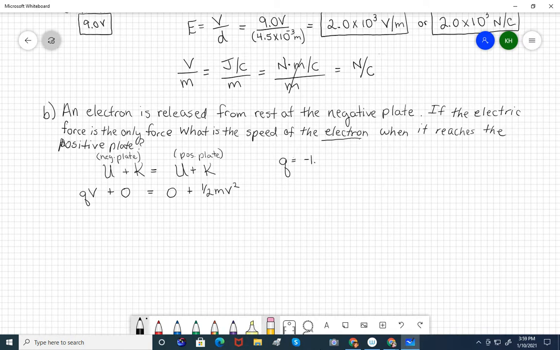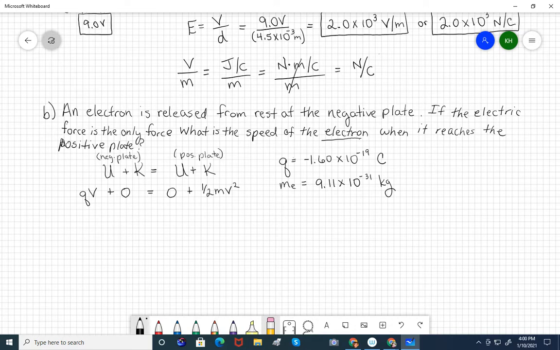Q is negative 1.60 times 10 to the negative 19 coulombs. An electron has a mass of 9.11 times 10 to the negative 31 kilograms.